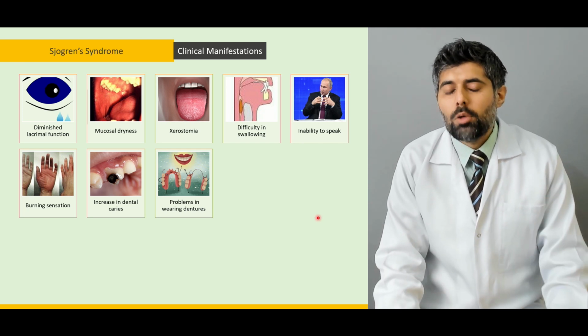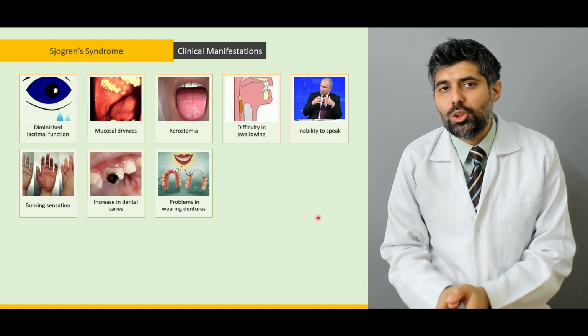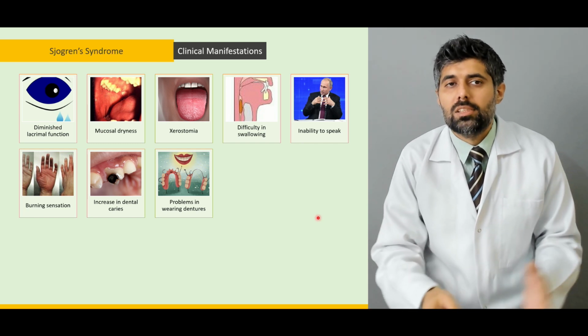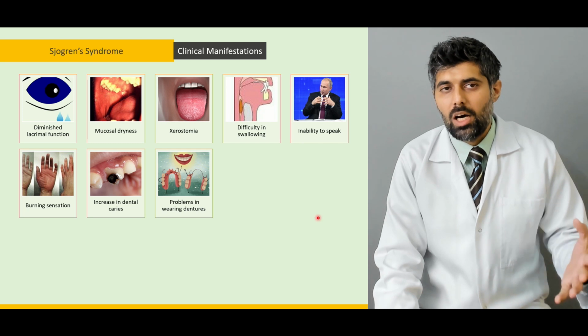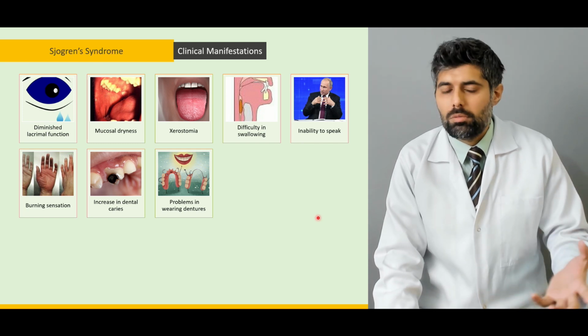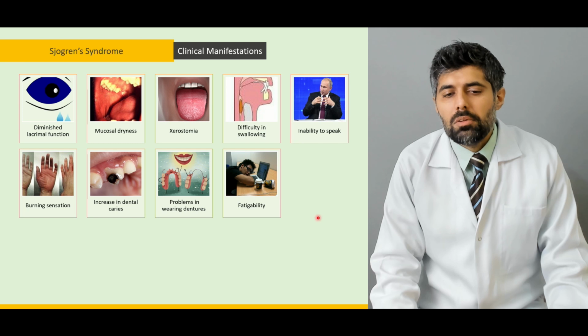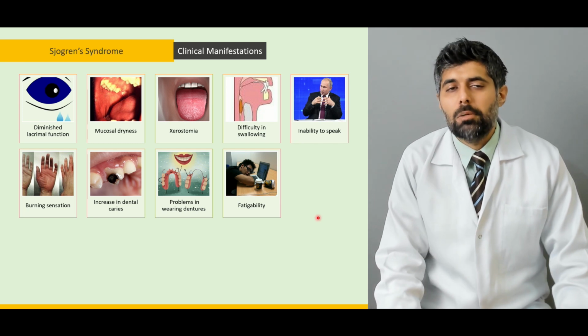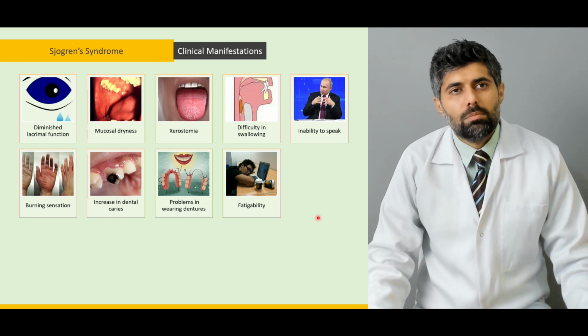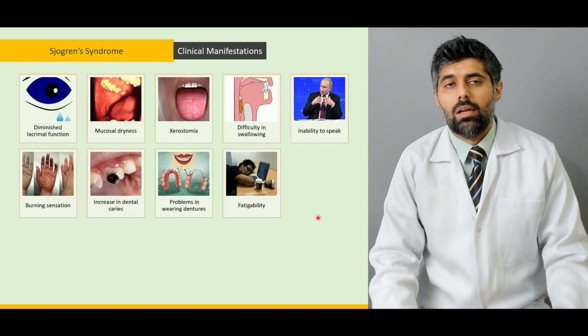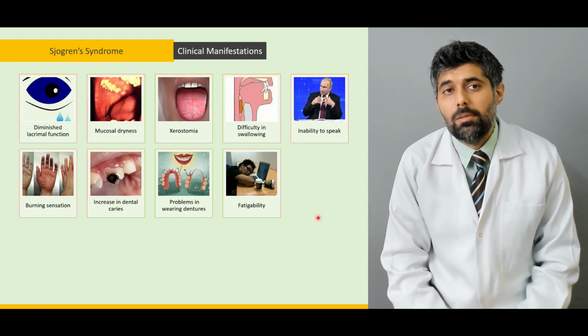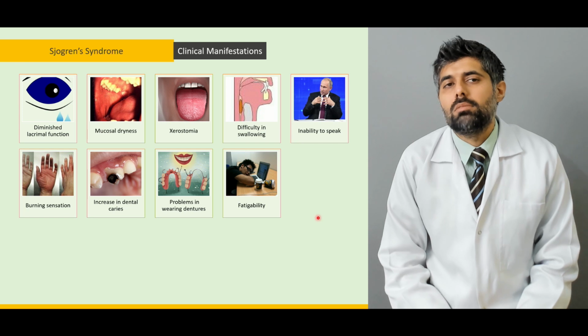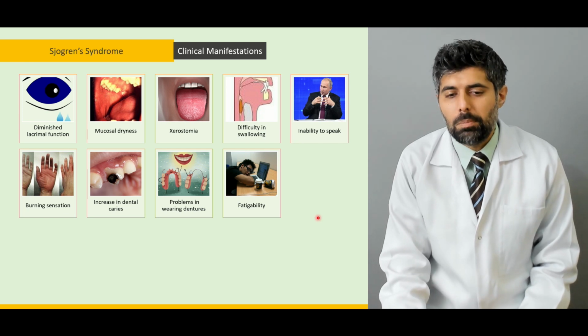So, any kind of dental procedure is usually withheld unless the dryness of the mouth is either cured or taken care of. Then we have easy fatigability, again because of the dryness of the mouth and the low diet of the patient. Some patients can exhibit signs of fatigability.